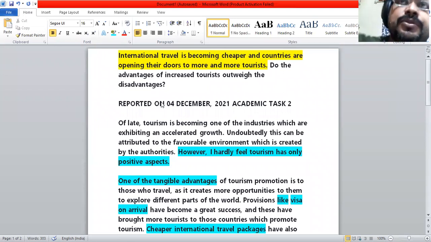Good morning to all. Today we are going to see a particular question which was asked on 4th December 2021 for academic task 1 for the real IELTS examination.